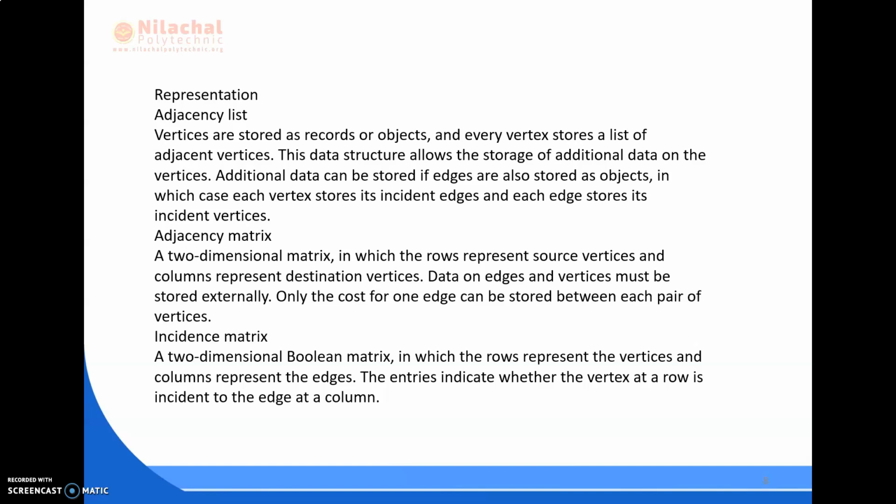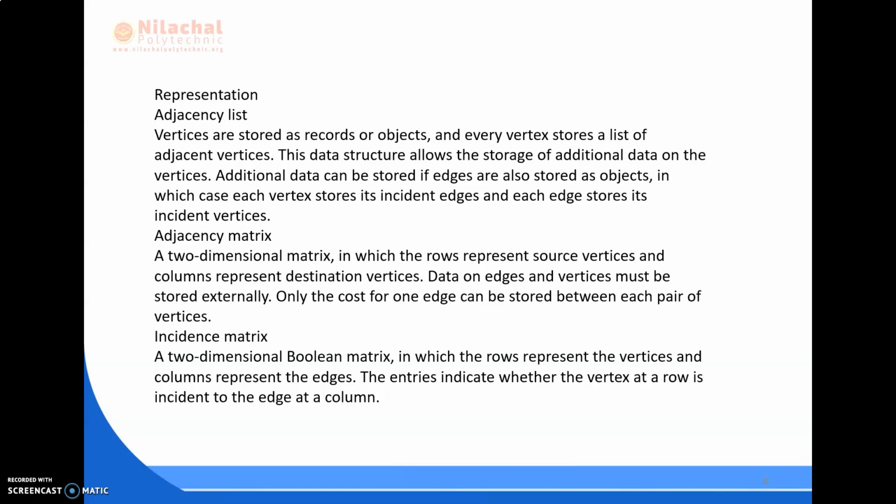This data structure allows the storage of additional data on the vertices. The additional data can be stored if the edges are also stored as objects, in which case each vertex stores its incident edges and each edge stores its incident vertices.